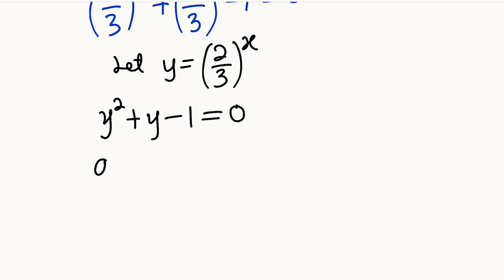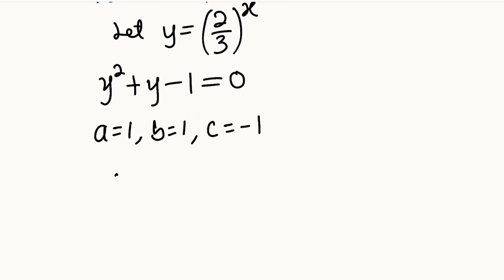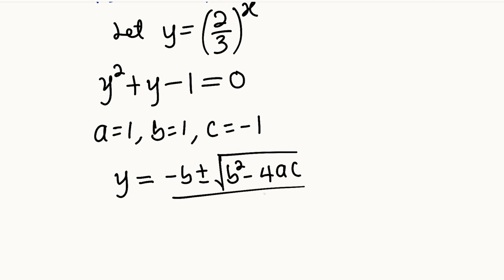The leading coefficient is 1. The coefficient of the middle term is 1 as well, and the constant is -1. Therefore, to find y, we use the general formula: minus b plus or minus the square root of b squared minus 4ac, divided by 2 multiplied by a.